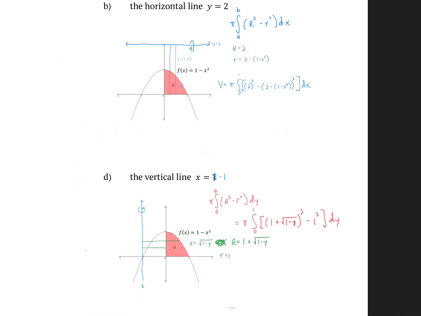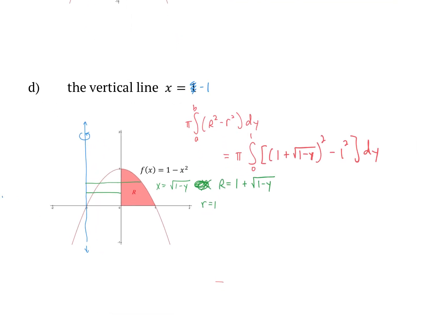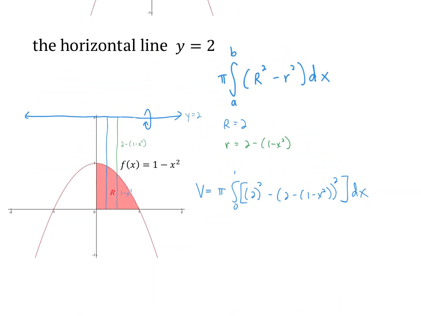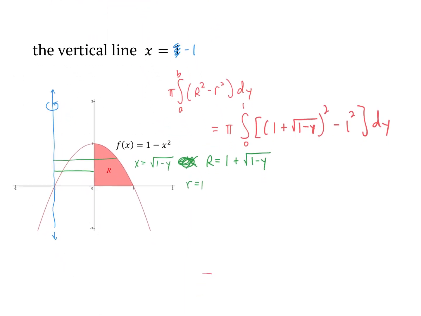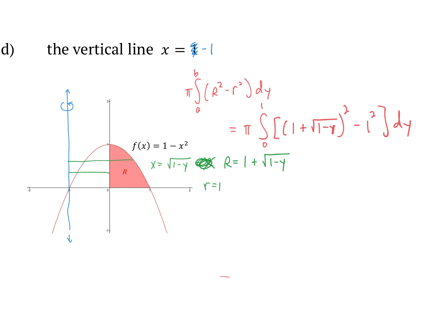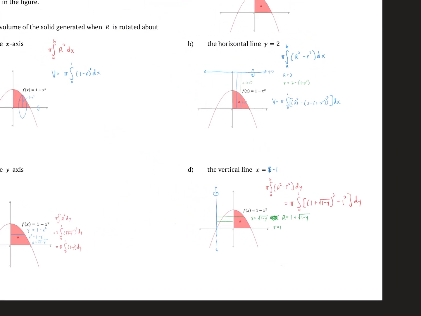But if the line is below or to the left, like in this case down here, you do the function minus the axis of rotation, so you do the opposite. The one above, you do axis of rotation minus function. Here you do function minus axis of rotation. Okay, and that's what we did. We did function, so if you do minus a -1, that's really +1, and that's the way we got that. Okay, and that's everything.